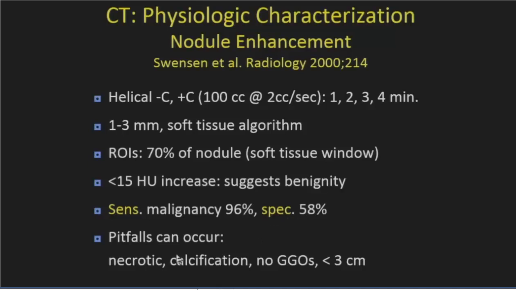And the pitfalls that exist with PET, there are also pitfalls that occur with nodule enhancement, particularly the necrotic lesions. Any lesion with calcification or ground glass can lead to a problem, so it's not something that we typically would even think of doing for these lesions.